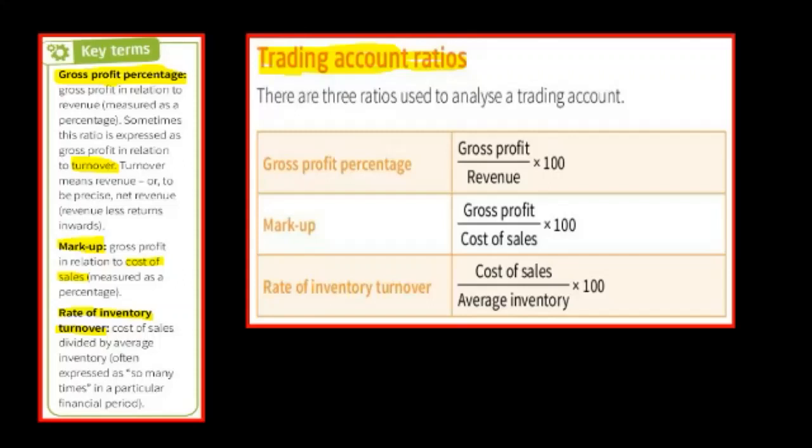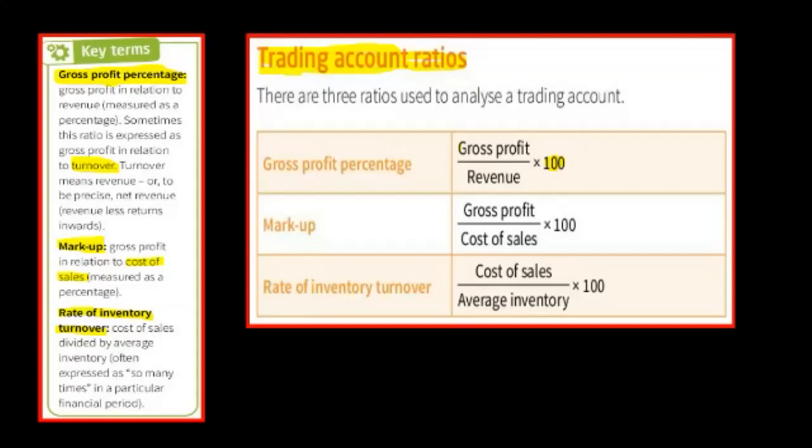How do we calculate these ratios? The gross profit percentage, or GP percentage, is calculated by taking the gross profit from the income statement, divided by the sales or revenue, and multiplying the result by 100 to bring it to a percentage. That will give us the GP percentage.